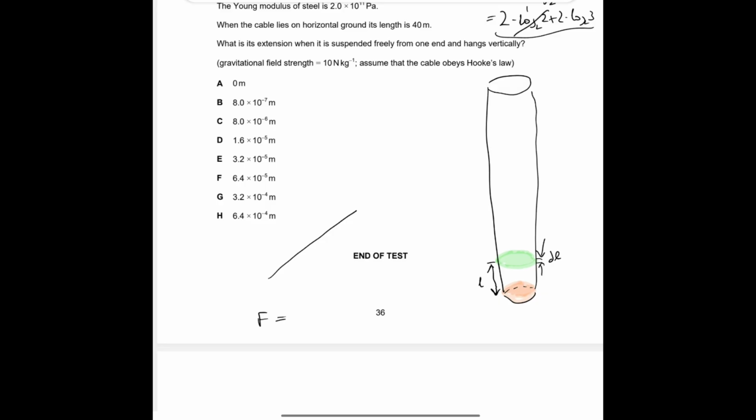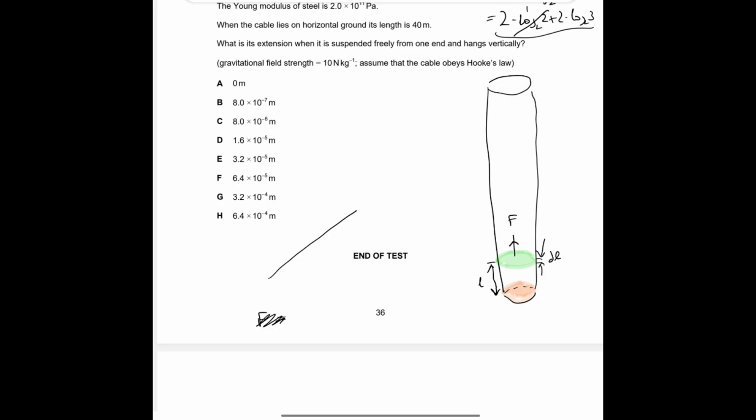Oh yeah, it was this. Let's say this is the tension force. We're going to imagine the forces on this little disc. So we'll say F is the force.